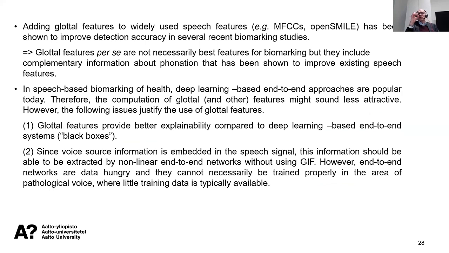So what I would like to emphasize in our research is that we are very much interested in also providing explainability for these technologies. In that sense, the glottal features are very useful. We should in parallel develop these black boxes, but also explain how certain diseases differ from each other.